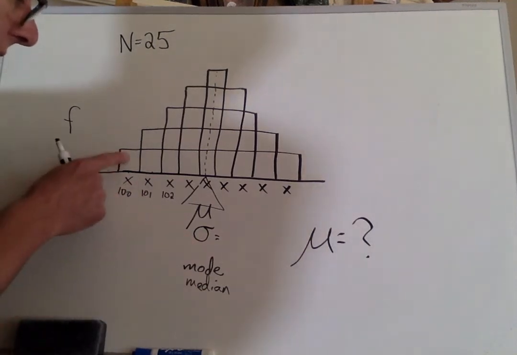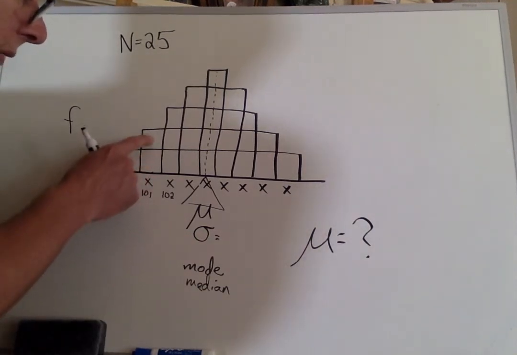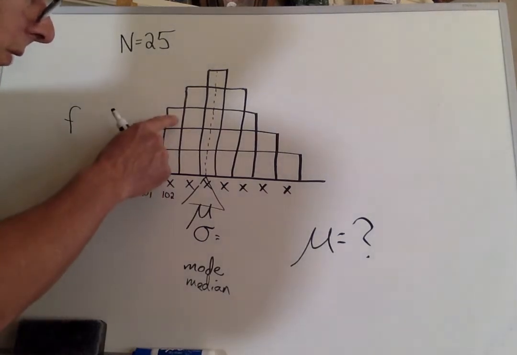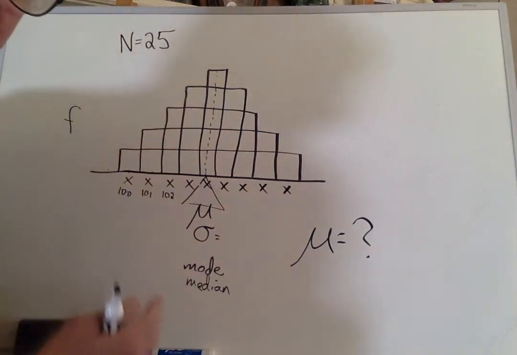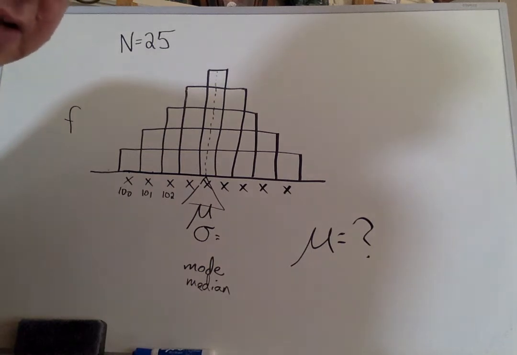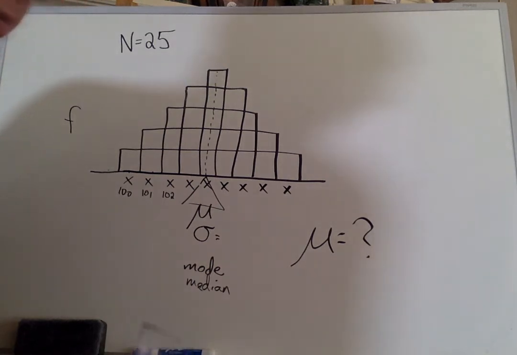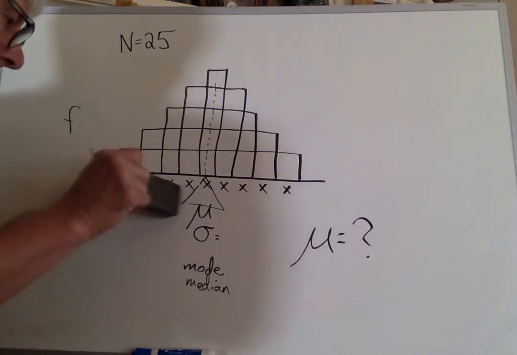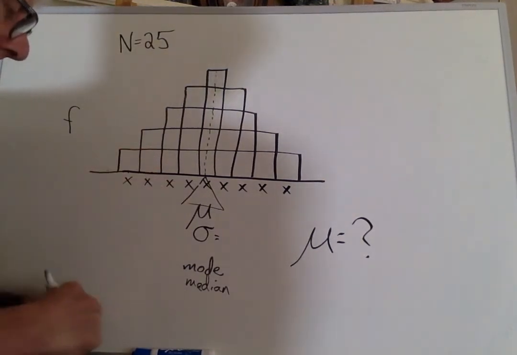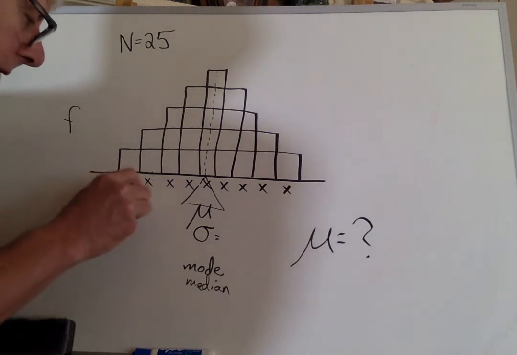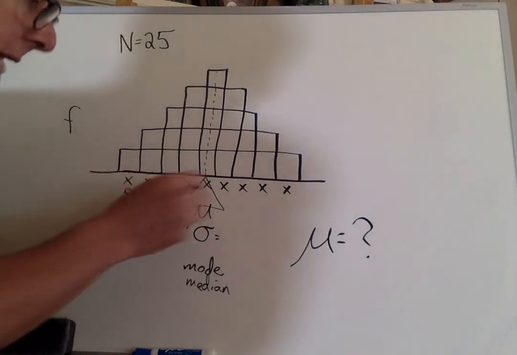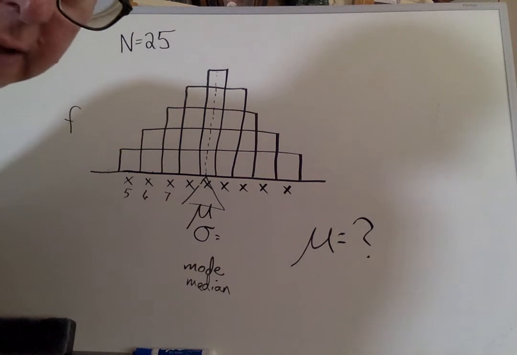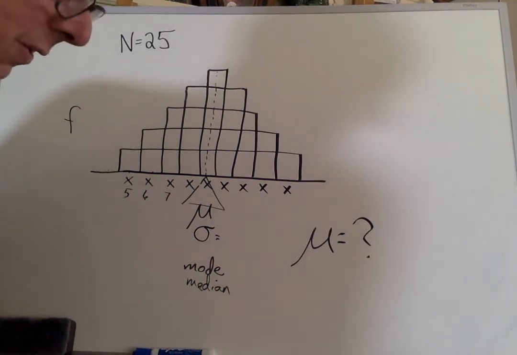That is, one person got 100, 2 people got 101, 3 people got 102, 4 people got 103, and so forth. Could you calculate the standard deviation? The answer would be sure. If I put 5 here, and 6 here, and 7 here, and 8, 9, 10, could you calculate the standard deviation? The answer is sure you could.